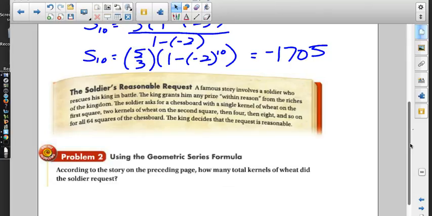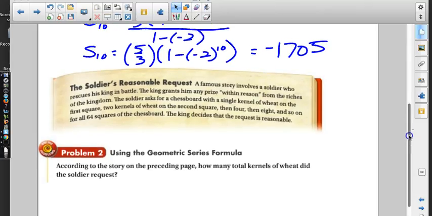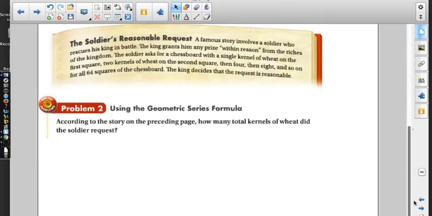The king decides, sounds like hardly nothing. He saved my life. He could ask for anything. Okay, 1 kernel a week, 2, 4, 8. Not a big deal. So let's just see. According to the story, how many total kernels of wheat did the soldier request?